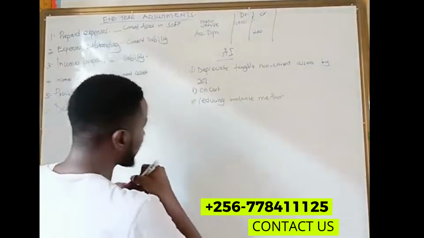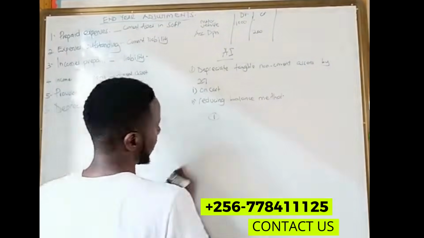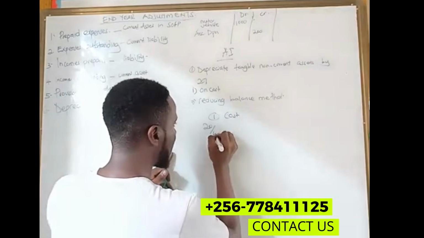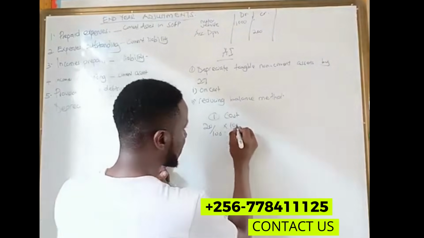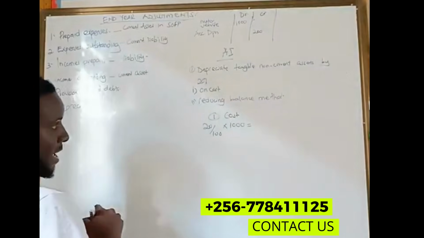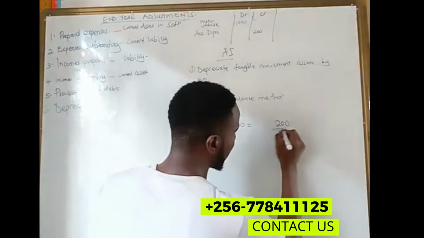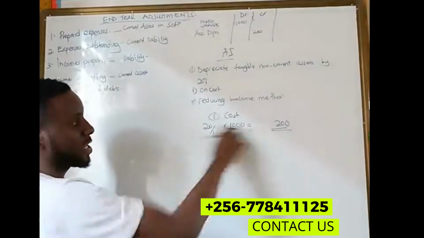So one, this is what you're going to do. On cost, depreciating on cost, we shall have 20 over 100 times the 1,000. You see? And therefore, we shall have 200. So this one is the depreciation on cost.